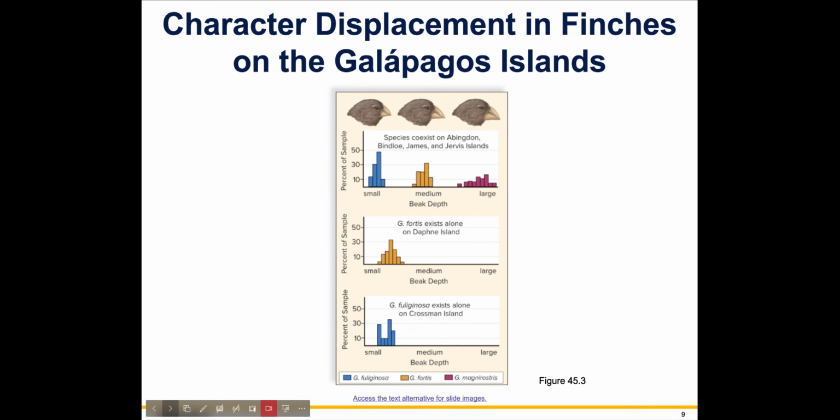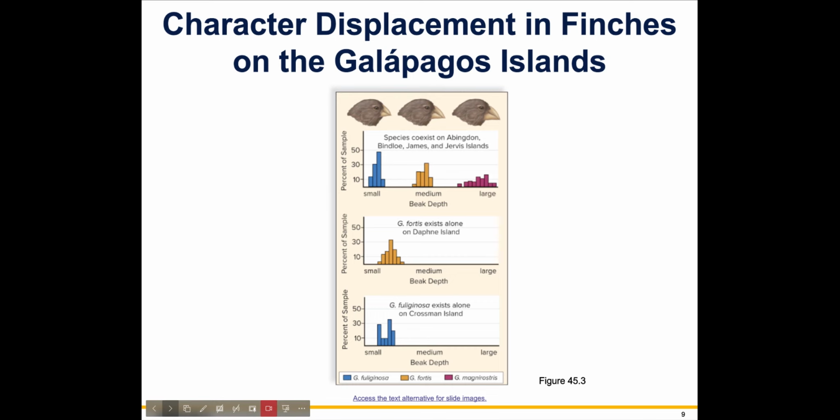So here's our displacement for our finches. What we see is if they measure the beak size of our birds, we've got a small beak, we've got a medium beak, and we've got a big beak. And if we leave our birds alone on an island, well, then we see that one bird kind of gets the small to medium bell curve of beak.